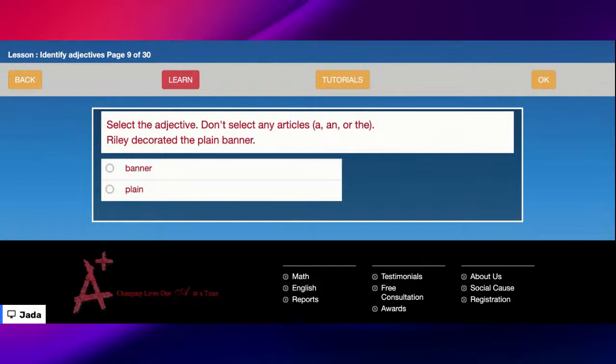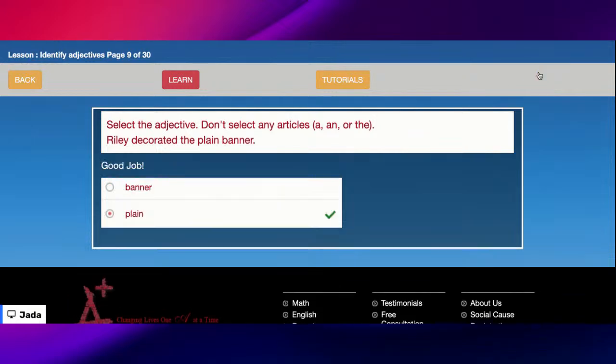Rarely decorated the plain banner. So is it banner or plain? Okay. Plain.